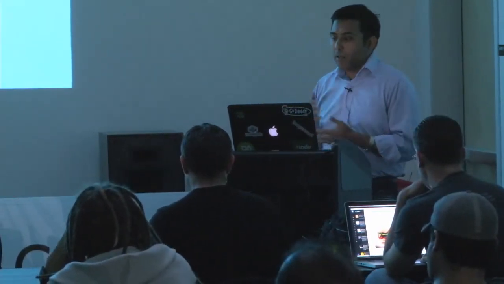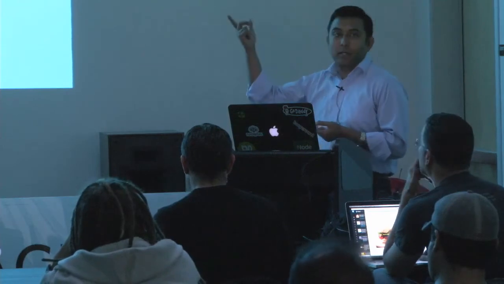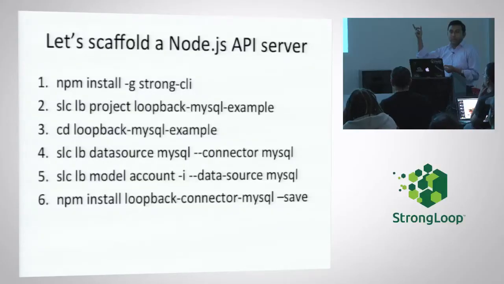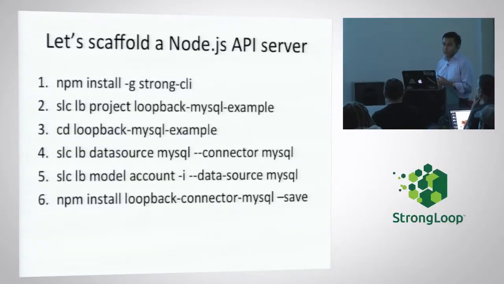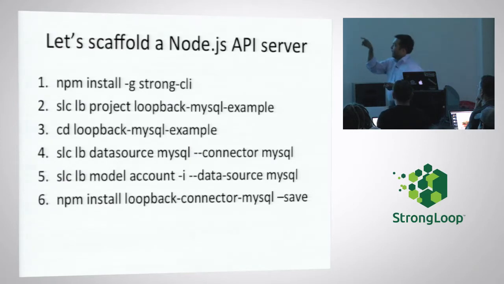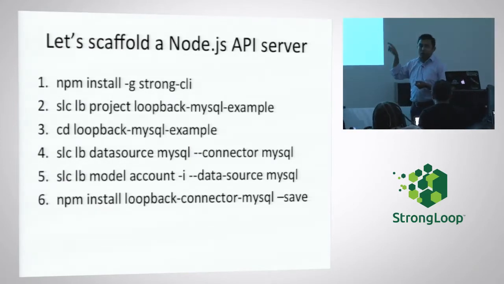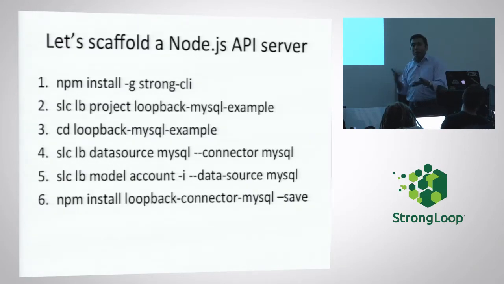So I'm going to demonstrate a quick example, and if you have a laptop, you can execute this off NPM. What we are trying to do is scaffold a Node.js API server. Obviously, we are using npm install -g strong CLI. Strong CLI is nothing but what StrongLoop has done. It distributes a set of modules on top of core Node.js, and we do contribute to the core as well, right?